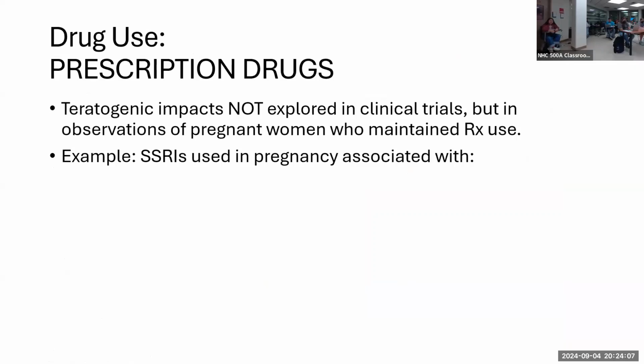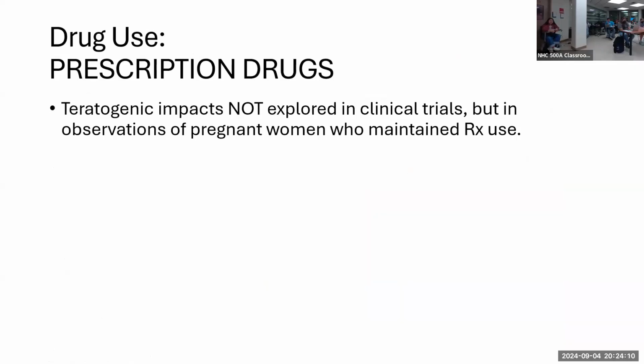Prescription drugs. When we study medications that are going to be prescribed, we do not include pregnant women in those trials. We couldn't. Because what if we discover that something goes wrong? We cannot intentionally expose an infant to something that could potentially harm them through the pregnancy. So they're not part of the trial. So then we're not sure, right?